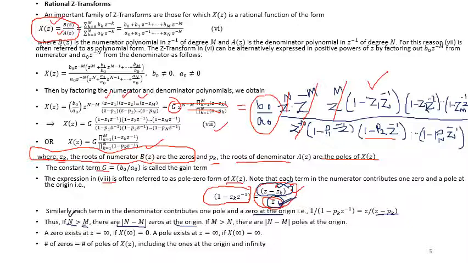Similarly, if the numerator has higher degree than the denominator, then there are n minus m poles at the origin. A zero exists at z equals infinity if X of infinity equals 0. Similarly, a pole exists at z equals infinity if X of infinity equals infinity.